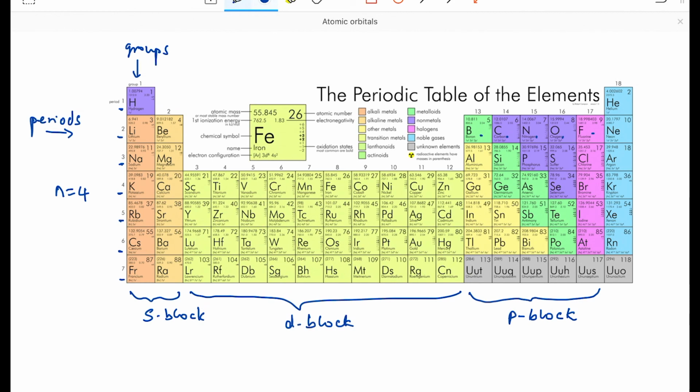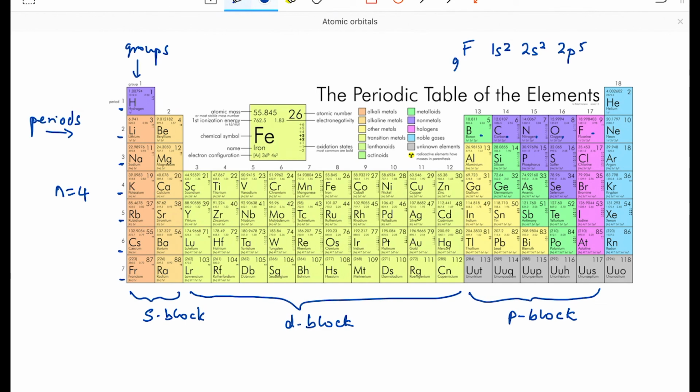So if we have a look at fluorine, for example, it's got 9 electrons, 1s2, 2s2, 2p5. Its final electrons are going into p orbitals, therefore it is in what we call the p block.